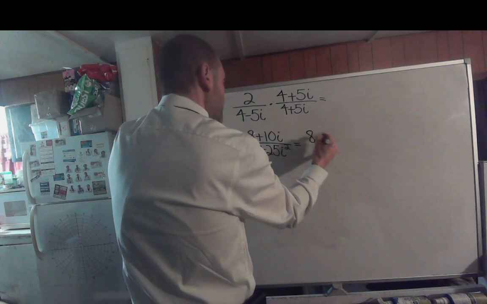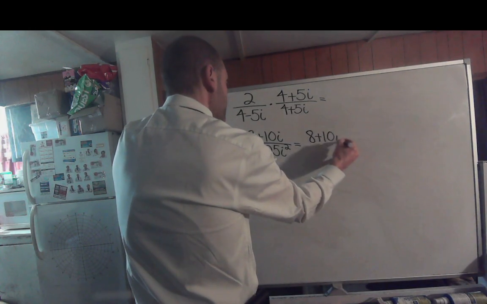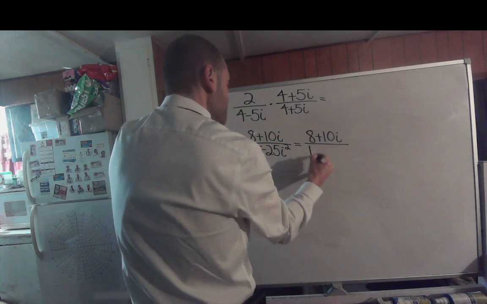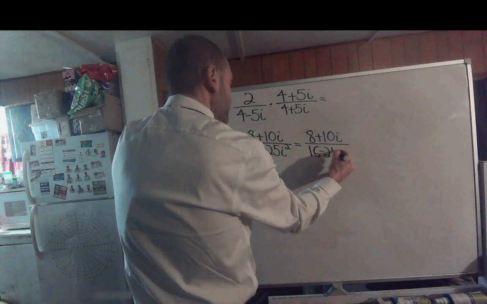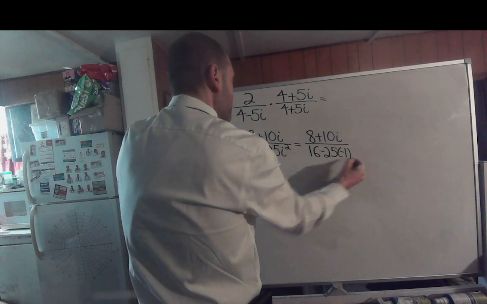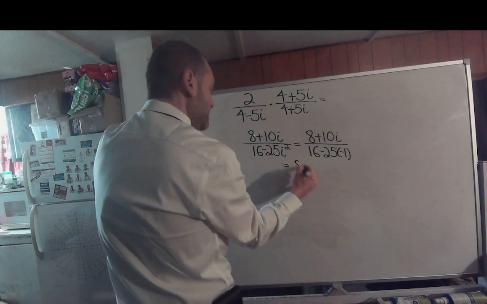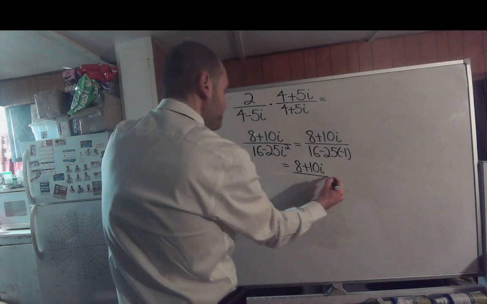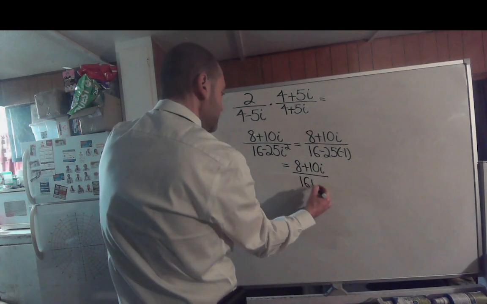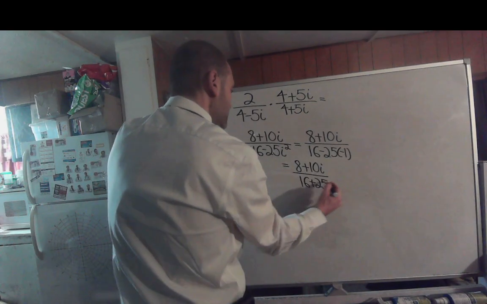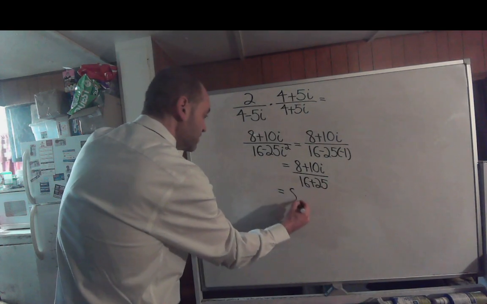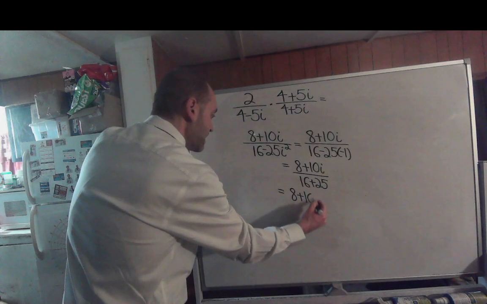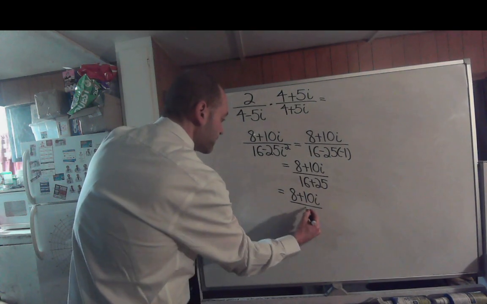You'll end up getting 8 plus 10i over 16 minus 25 times negative 1, which would really give you 8 plus 10i over 16 plus 25, which would end up giving you 8 plus 10i over 41.